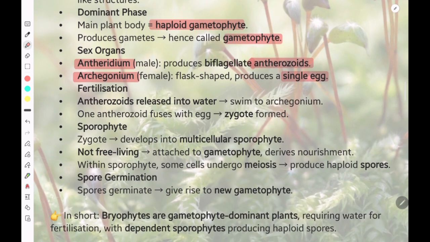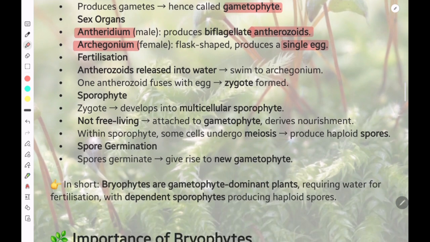How does fertilization occur in bryophytes? The antherozoids are released into water, meaning it can happen only if water is present. One antherozoid fuses with the egg to form a zygote. From the zygote there is development of the sporophyte.